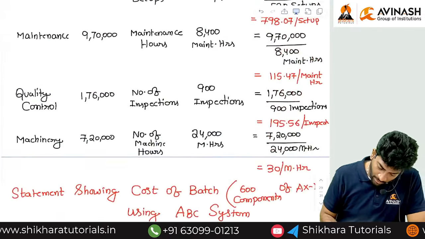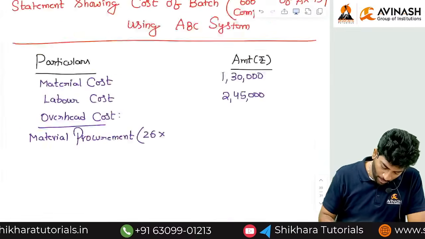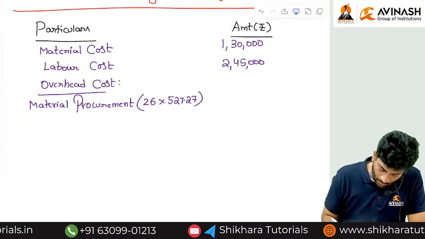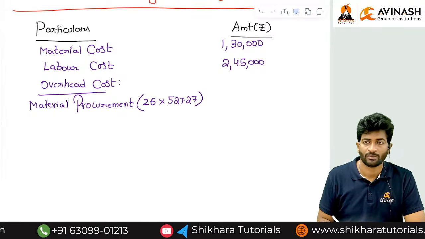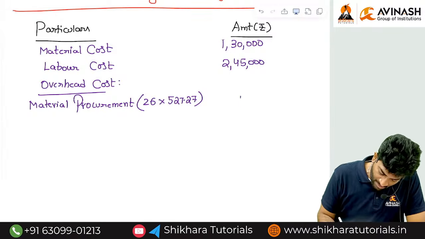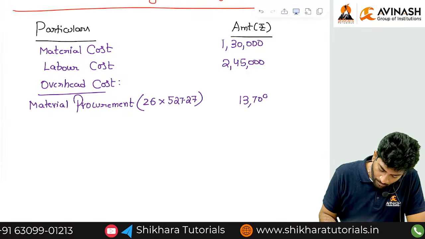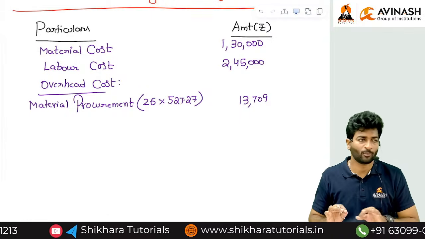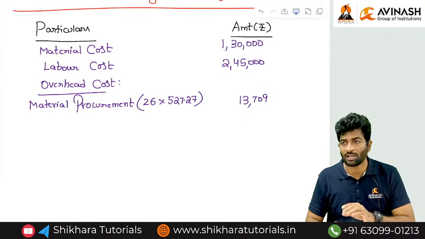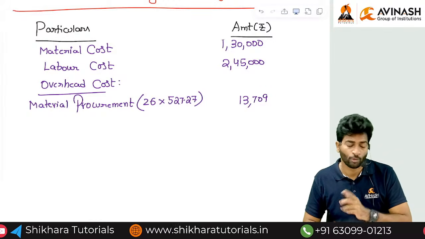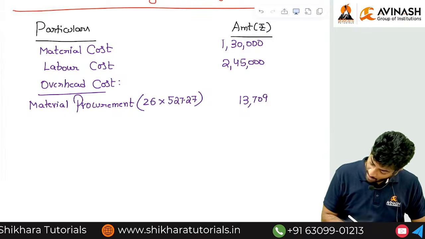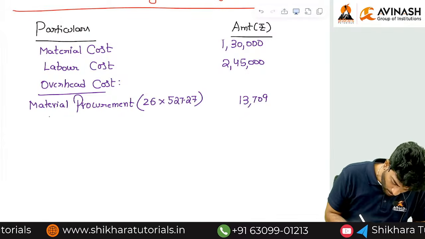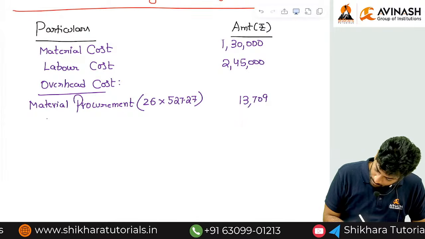What is the ABC for order? 527 point. 13,007. 709, 0. Note, please write 13,000. After material procurement, one is hence.